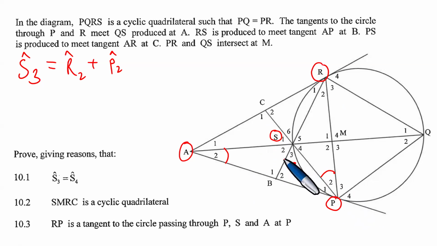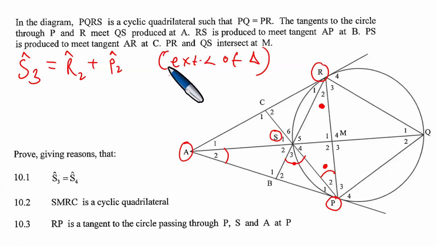So in other words, we see that the angle S3, this one here, is equal to this together with this. And obviously this is grade 10, and it is the exterior angle of a triangle. So the exterior angle of a triangle is the sum of the interior opposite angles.